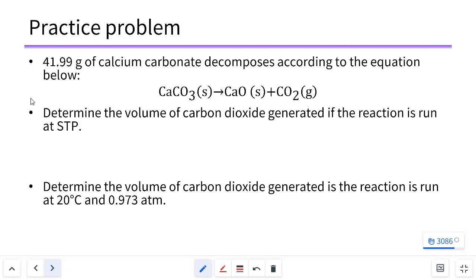I've got 41.99 grams of this calcium carbonate. First question, what is the volume of carbon dioxide if the reaction is done at STP? Second, what is the volume of the carbon dioxide if we do the reaction at these non-STP conditions?